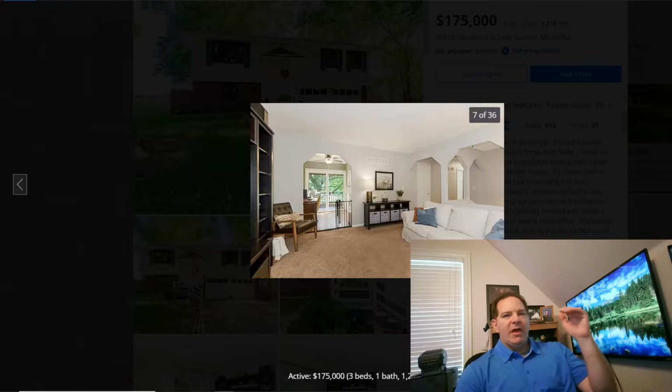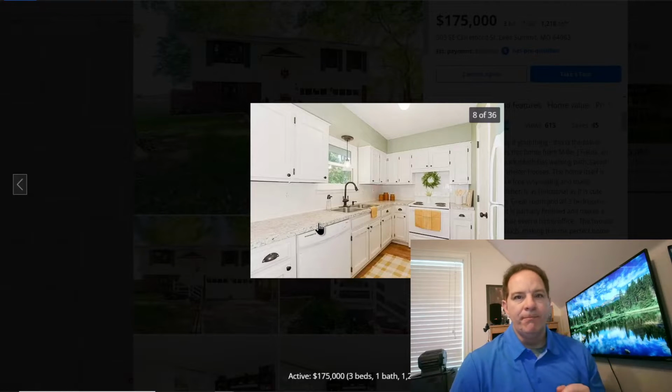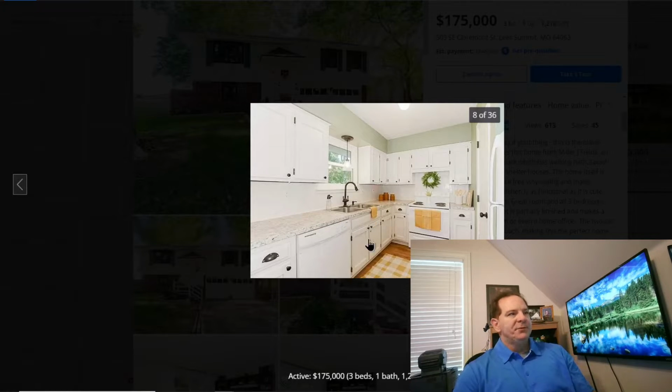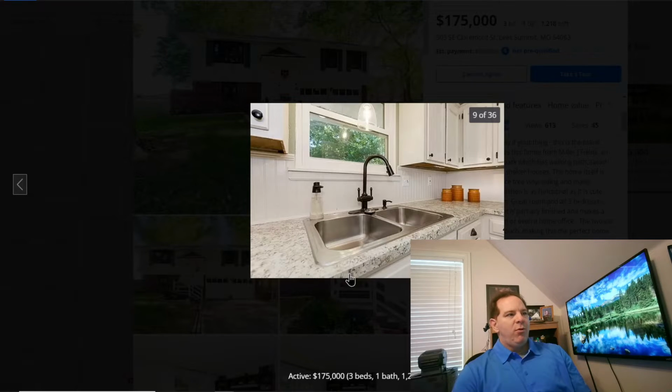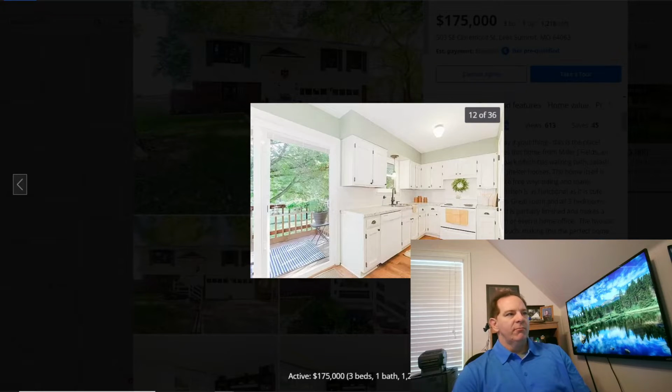But this is going to be that plush kind of carpet that's not really popular today. This cabinet is great. I can't tell if that's granite or not, but you could do granite countertops. I probably wouldn't change the countertops. With the fact that you have white cabinets and this wood floor here, you're probably going to be in an okay valuation.